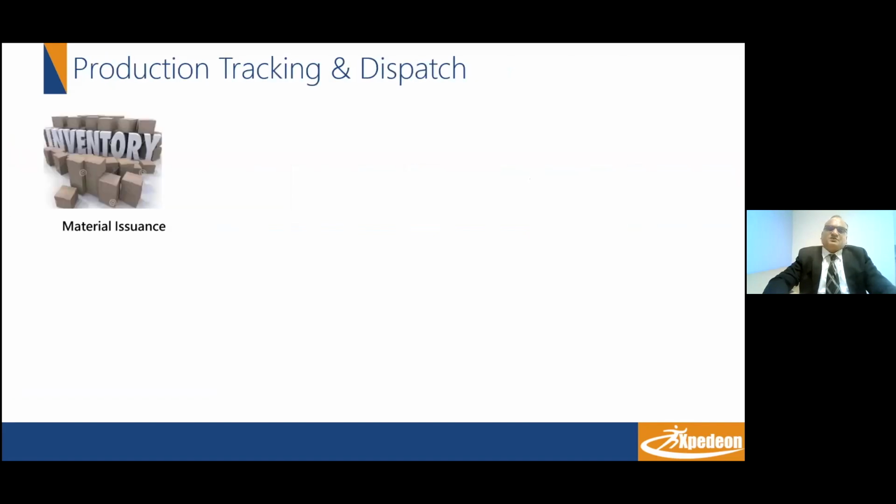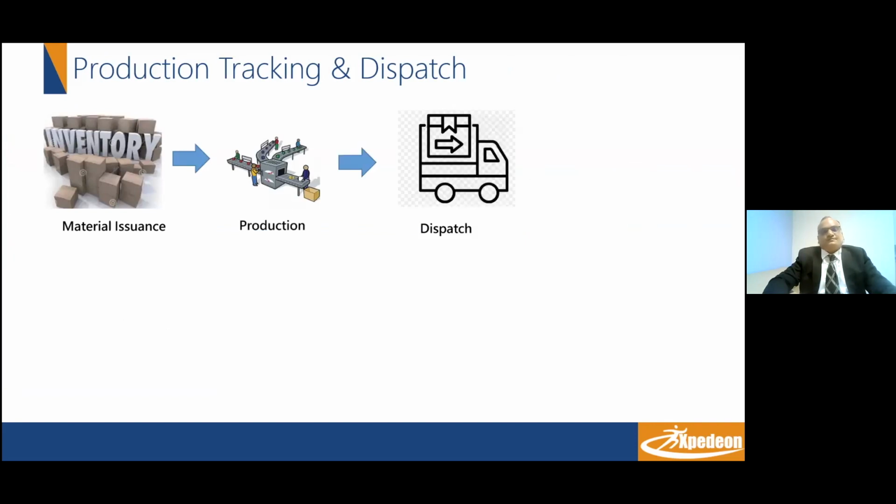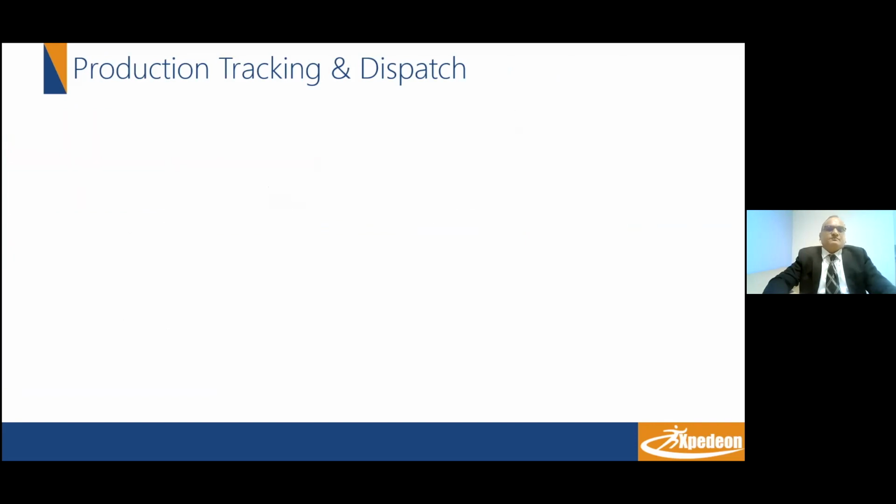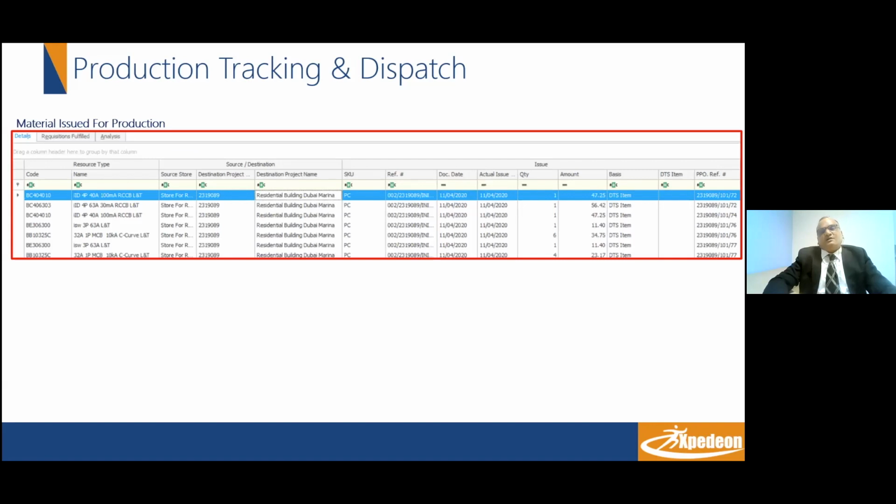Next is production tracking and dispatch management. Against the plant production order, the materials are issued to shop floor for production against the DTS as per the BOM defined.